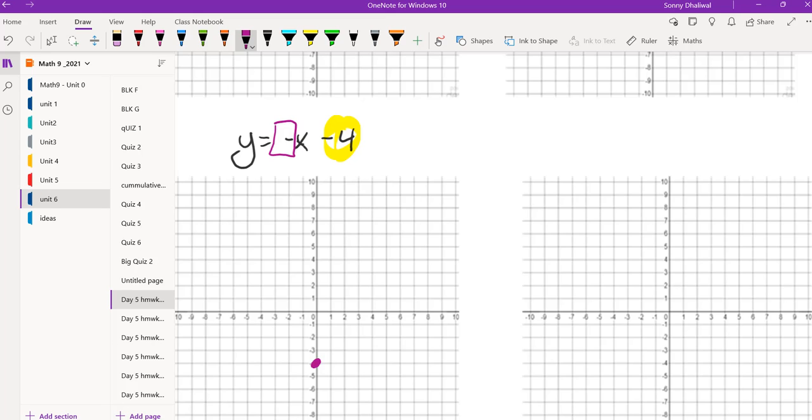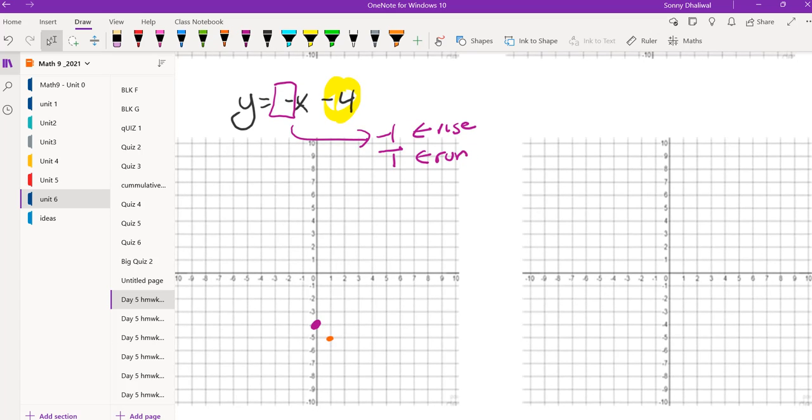So this means -1 over 1. So now we're going to go down 1, because this is our rise, means down. This is our run. So we're going to go down 1 over 1. Negative slope is a line that points down, right? Down 1 over 1. Like this. Okay? Make sense? Yeah? Great.